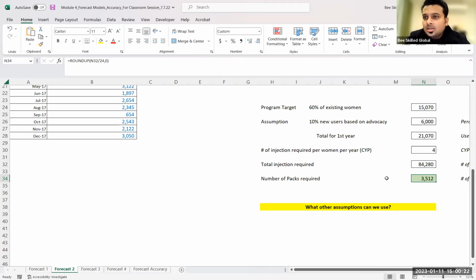So if you know how many people are on ART therapies, you can just use the number of people, and whatever the regimen that they are using, you can identify how much of that regimen will be needed. Okay, so this is a way of preparing forecasts using services data. So Priyanka, can we go back to the slides?